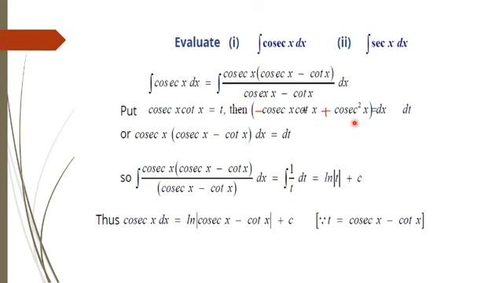Taking cosecant x common, we have cosecant x times the bracket cosecant x minus cot x.